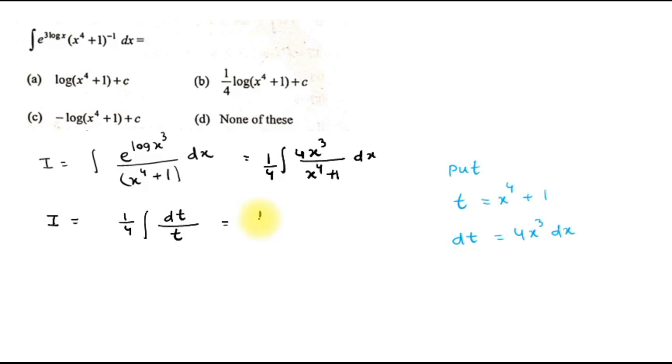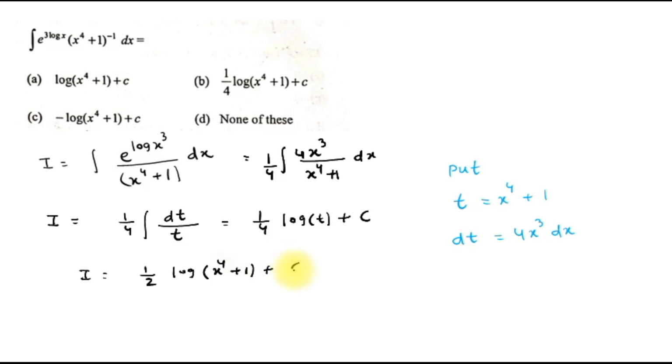This becomes 1 over 4. After integrating, this is equal to log t plus the integration constant c. So I is equal to 1 by 4 log, returning to the value of t, which is equal to x⁴ plus 1, plus c.